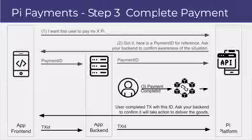and none of it is the responsibility of the developer. Now, what happens is the Pi platform is going to return the blockchain transaction ID to the app's front end. And this is all happening on the front end side. Part of the reason being, as we said earlier, the user's passphrase never leaves their phone and never leaves their wallet app for obvious security reasons. So now the transaction ID is returned to the app's front end.